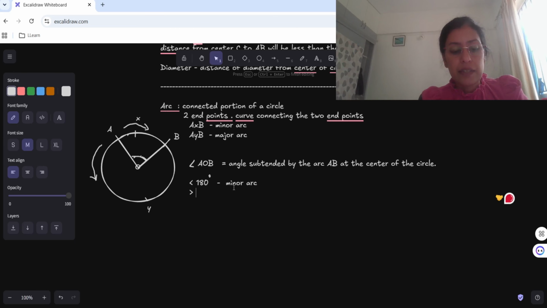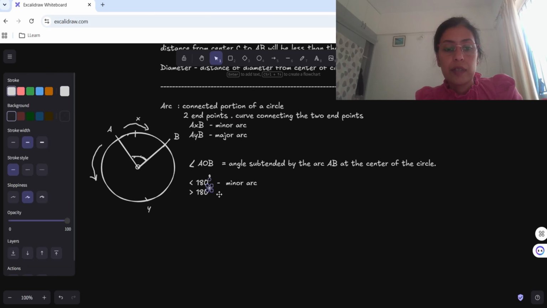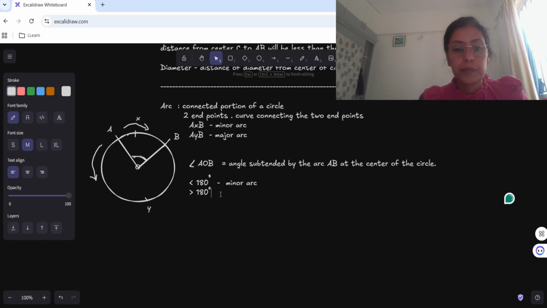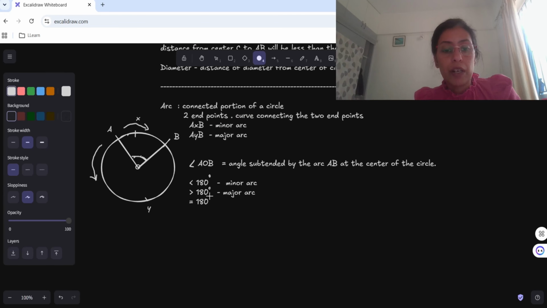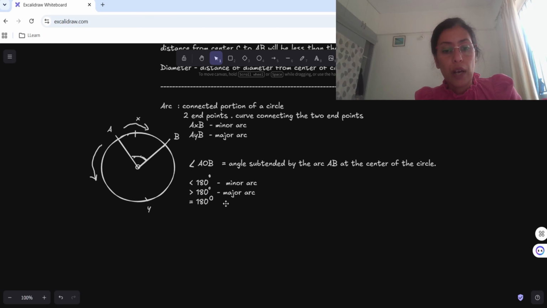If this angle is greater than 180 degrees, we will call this a major arc. What about when it is equal to 180 degrees? Then there isn't a major or minor arc. 180 degrees means a straight line, right? It will be dividing the circle into two equal arcs.